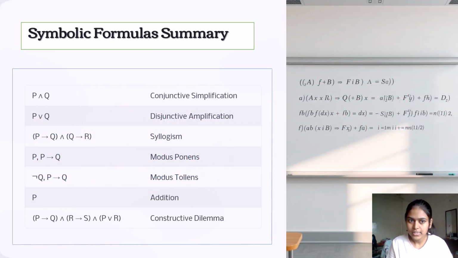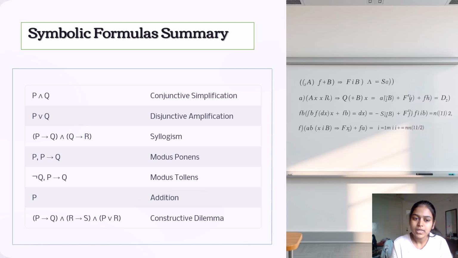So, after seeing the concept or definition of rules of inference, we should know about the symbolic formulas for the rules of inference. In that, there are 7 main important rules. One by one, I'll tell those rules. First one is P and Q, known as conjunctive simplification. Second one, P or Q, that is known as disjunctive amplification. In third, P implies Q and Q implies R, known as syllogism, which is very important in rules of inference.